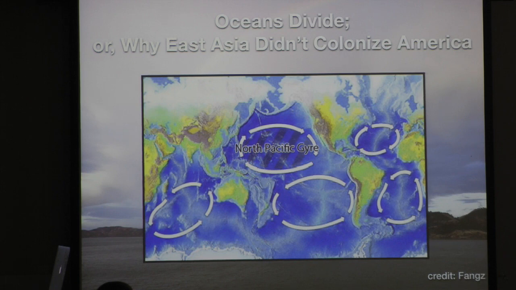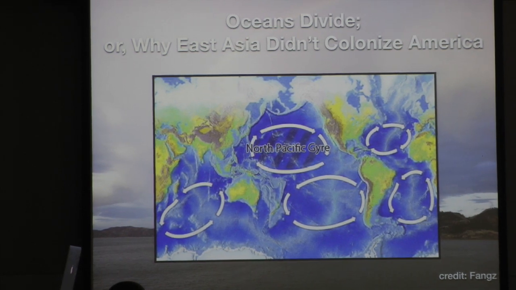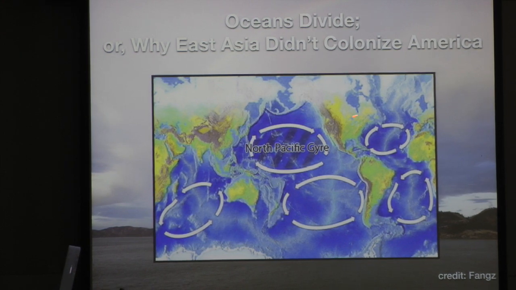Anything else? Yes? I know that trade happened in the Atlantic because of that same current system. Do you know why it was more productive in the Atlantic? Well, so this ocean is a lot smaller.